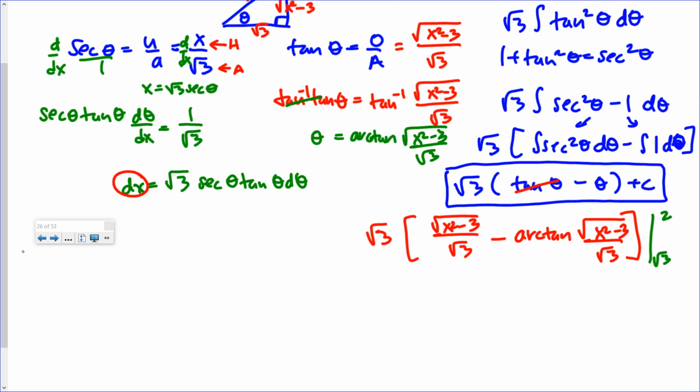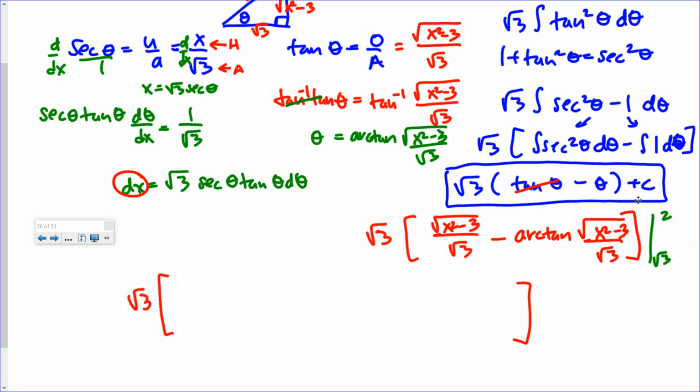From here on out, it's just a fundamental theorem problem. First, I plug in the 2, then I plug in the square root of 3, then I slap a minus sign in between. I'm going to pull the square root of 3 out for a second, and let me just do the fundamental theorem, then I'll put the square root of 3 back in.